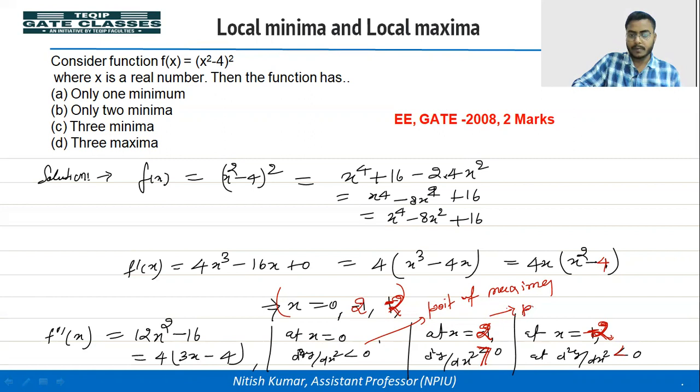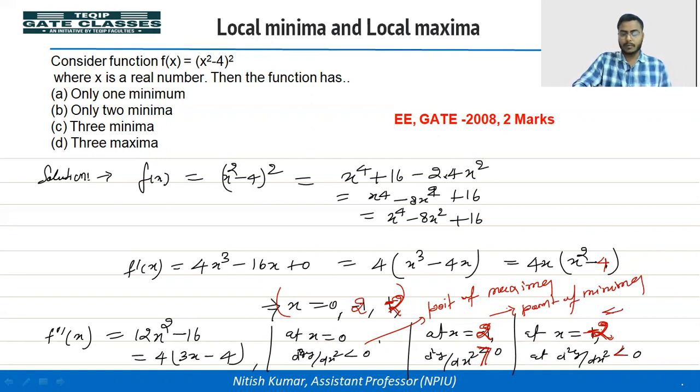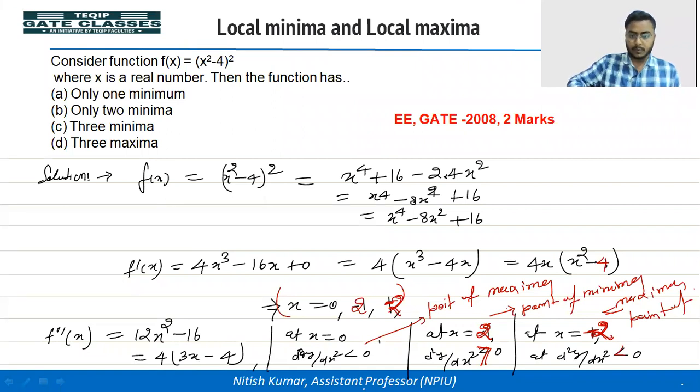This is a point of minima. At x = −2, you can see here this is less than 0. So this is the point of maxima.